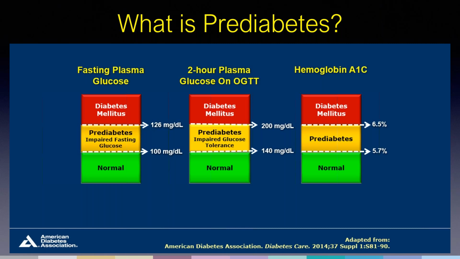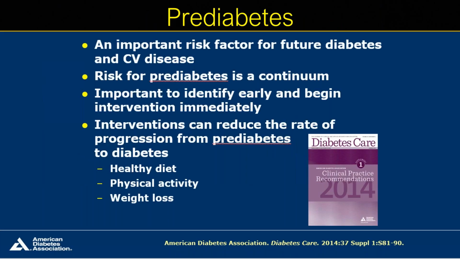And of course, this is not one reading. This needs to be taken on 1 or 2 occasions to confirm. But it is important because once you have diabetes, obviously the risk of blindness goes up considerably. So prediabetes is an important risk factor for future diabetes development, which then leads to cardiovascular risk.